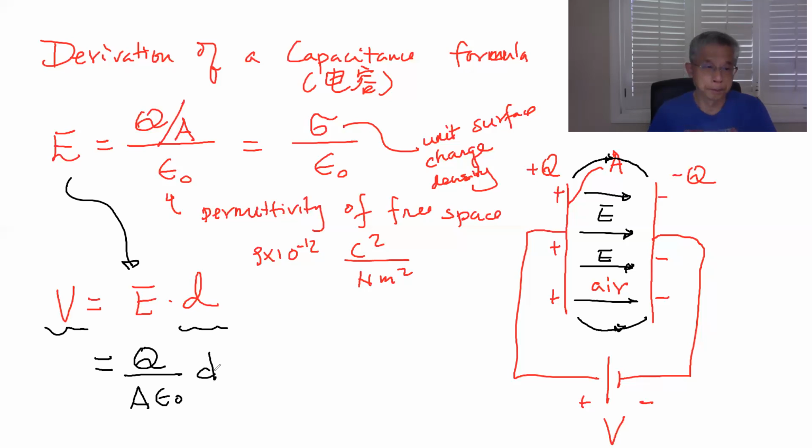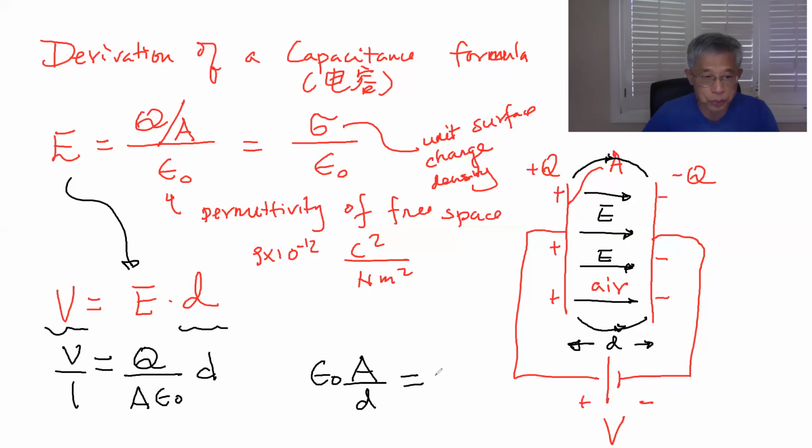All right. So then we're going to move things around a little bit, and we're going to have epsilon 0. So we're going to move it to here. So this is V, so epsilon 0 A divided by D. And this D is this distance here. So epsilon 0 is going to come to this side, and then V is going to come to the other side.